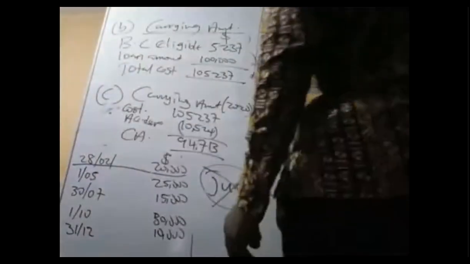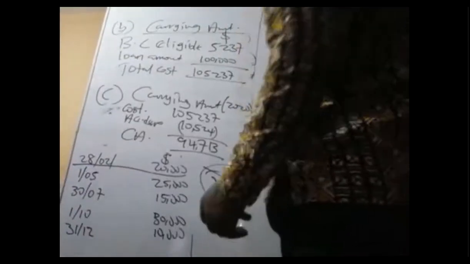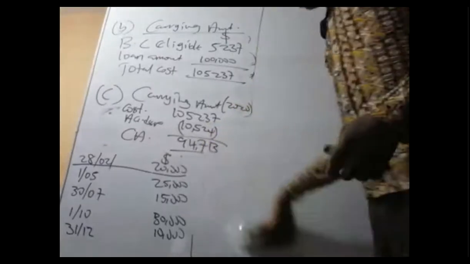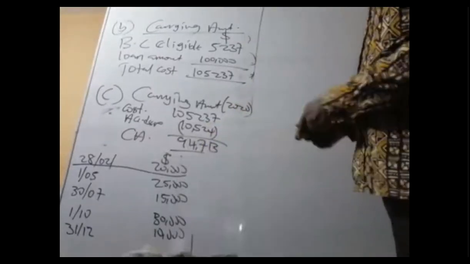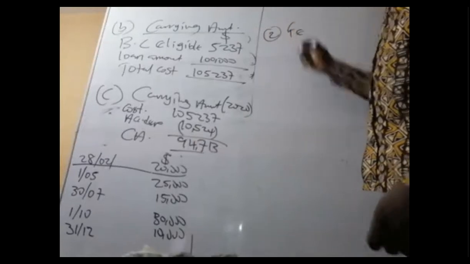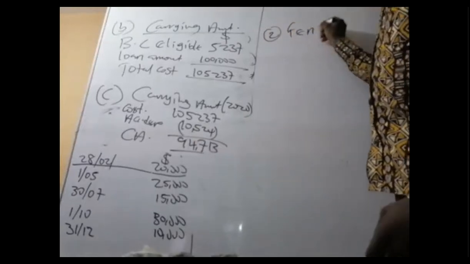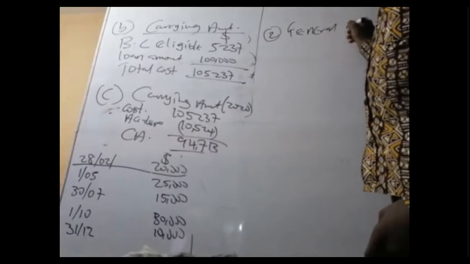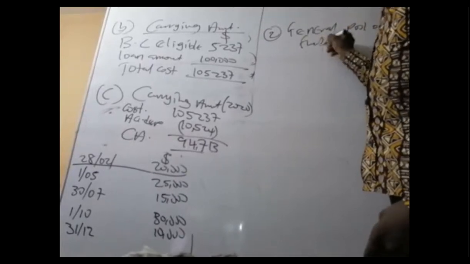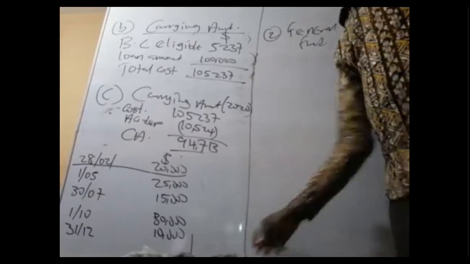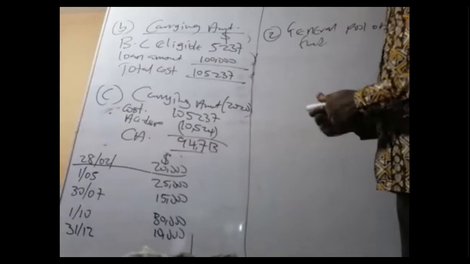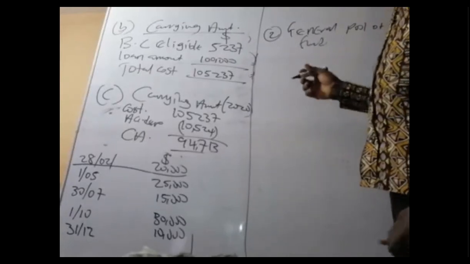So let's see that one. How do you go about that? Okay, so that is where we are now. Number 2 is the general pool of funds. You put some old funds that are idle, surplus ones now.